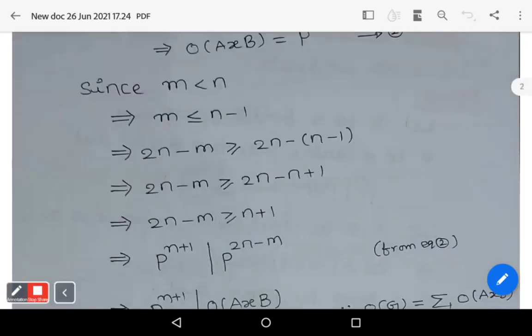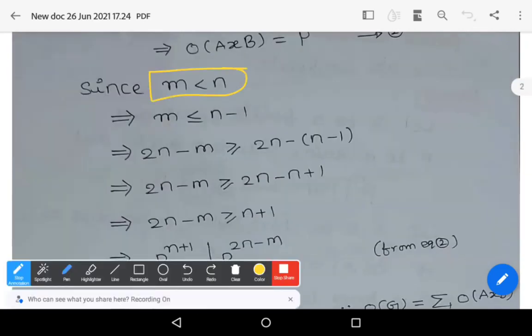Now m is less than n. If m is less than n, then m is less than or equal to n minus 1. Please observe the procedure. Now we subtract both sides from 2n.